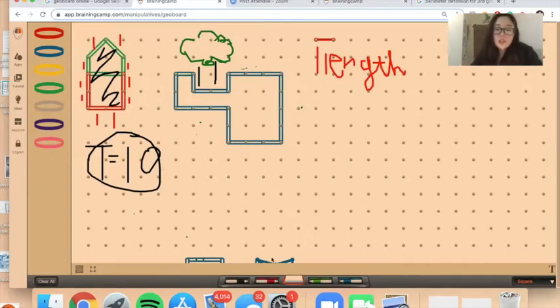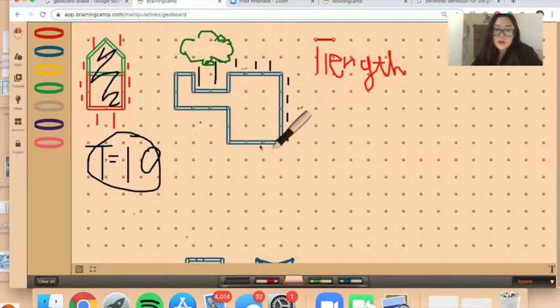Now, if the question asked us, what is the total perimeter of this pool? Let's see if my marker will pop up. Perfect. Now, the question asks what the total perimeter of this pool is. And we know that from one peg to another peg equals 1. So we're just going to label all of this, and that's how we're going to find our perimeter.